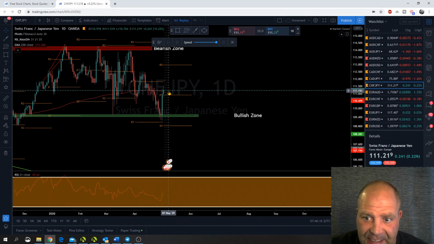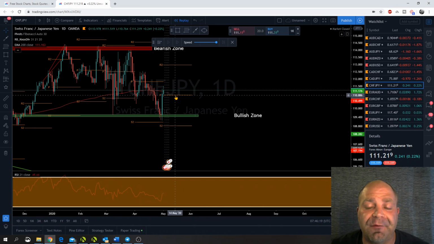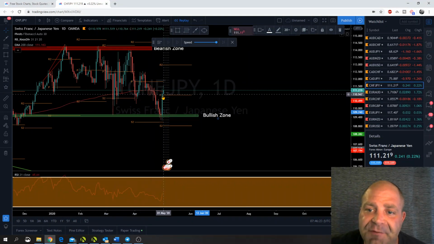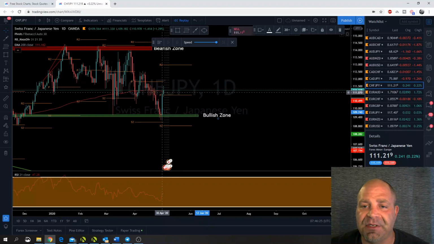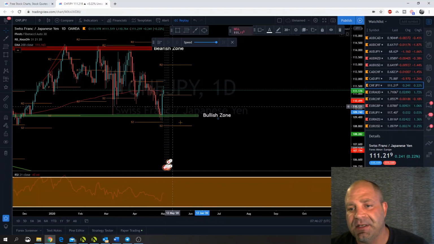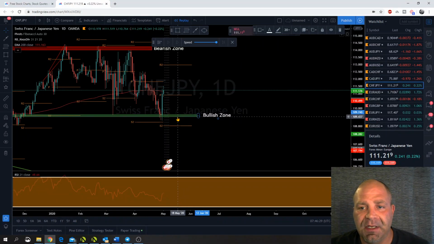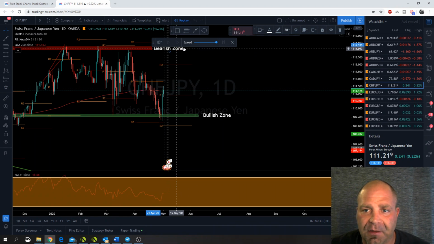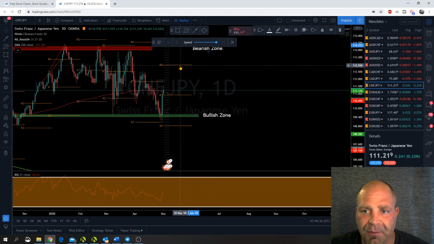We're testing it now. We got back to our pivot from last week. So this gives permission for price to continue this downward trend, or we're going to make or break another thing up to our bearish zone, or possibly this calculated R2.